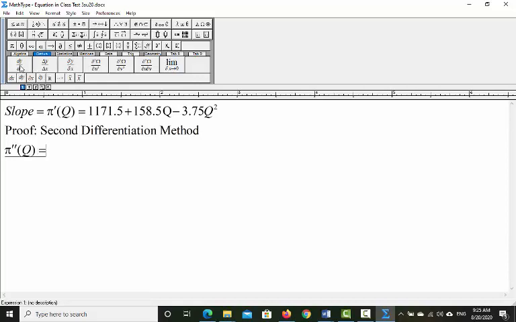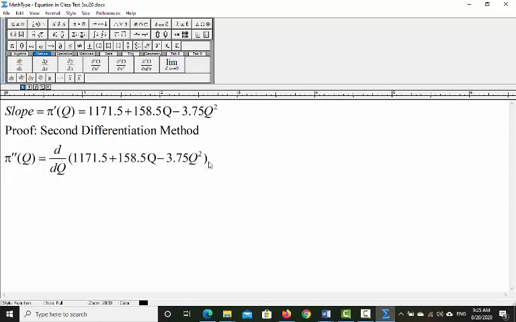So here we will do the differentiation. This is the one we got after doing the first time differentiation. We need to do differentiation of this one again.